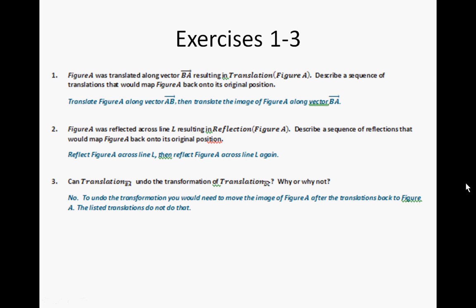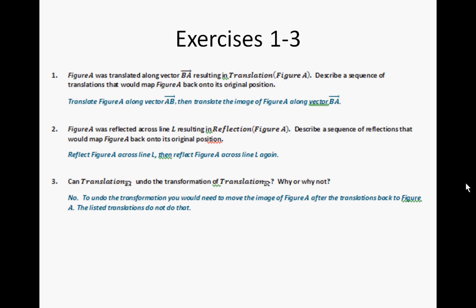Here are the answers. Translating a figure across vector AB, and then translating the image of figure A along vector BA, is dealing with how to undo a translation. But now if we're talking about reflection, reflecting figure A across line L then reflects figure A across line L again.